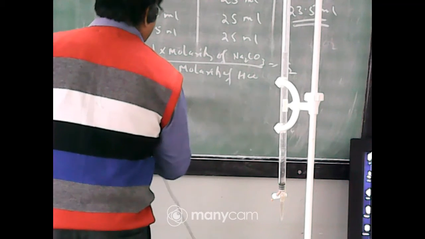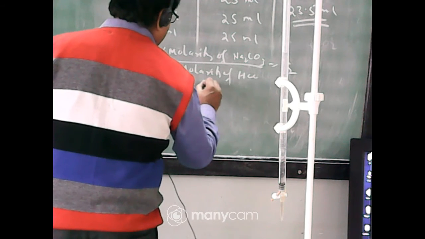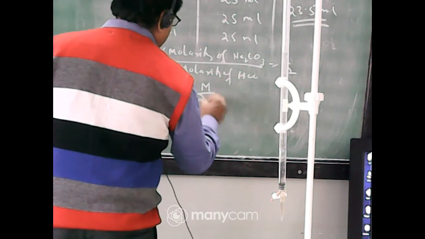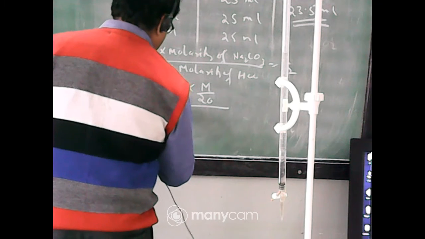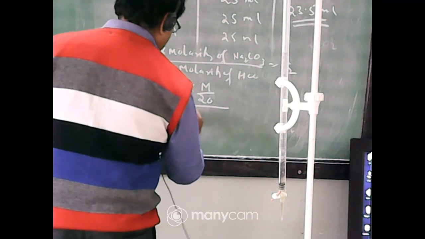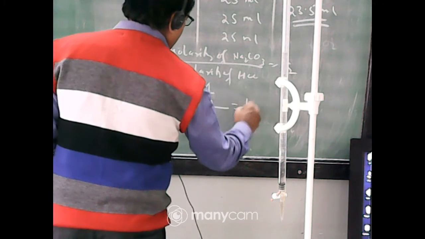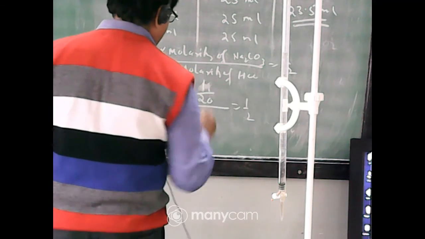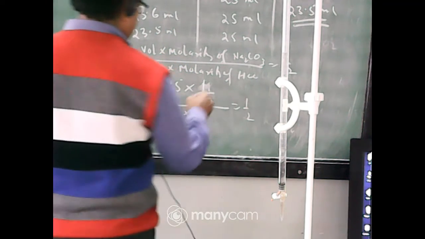So 23.5 into molarity, M by 20, that is 1 by 20 molarity, the volume is 25 ml into M equal to 1 by 2.